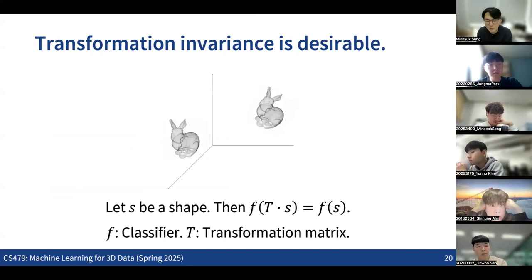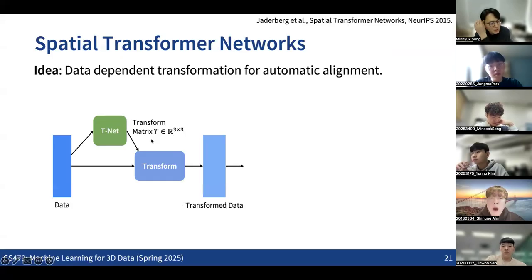Scaling should be the same, but if you make more complicated deformations, then it should not be the same rabbit, right? So we want to say that rotated versions are basically the same point cloud. Otherwise, it's making a new point cloud. Which means we want to only predict a rotation matrix through this kind of T-net. But when we predict any arbitrary 3 by 3 matrix, how do we guarantee that this matrix becomes a rotation matrix? Right?